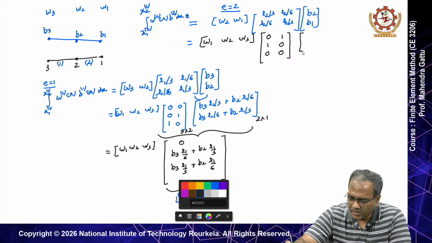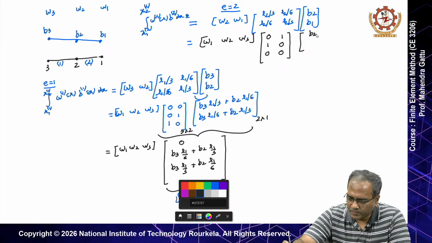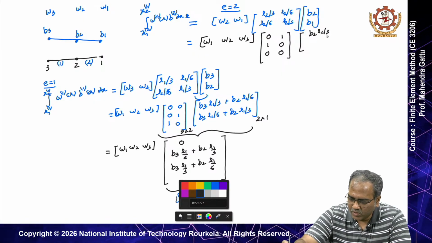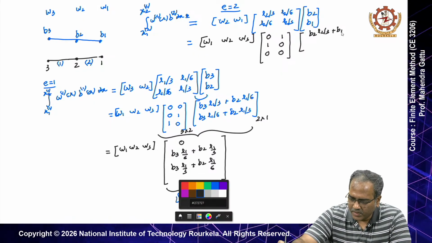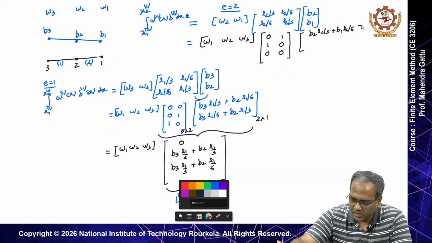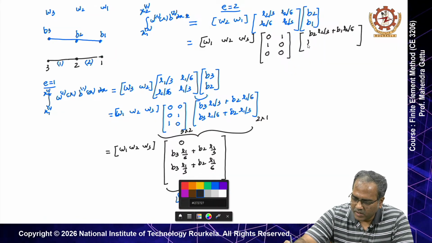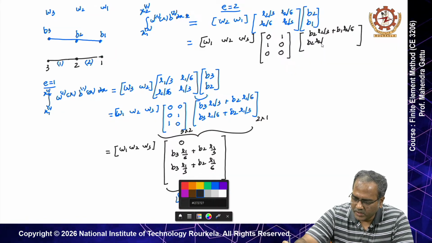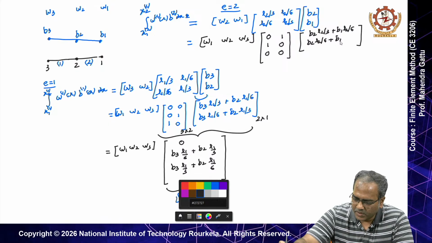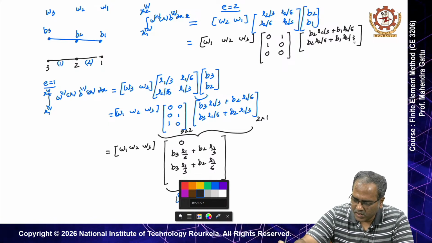And then this matrix we can write as B2 L2 by 3 plus B1 L2 by 6 and B2 L2 by 6 plus B1 L2 by 3.